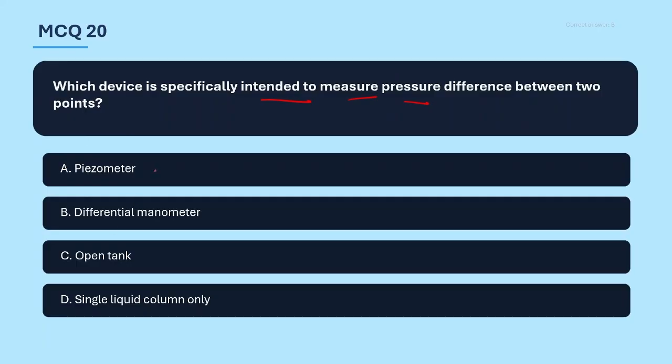The options are piezometer, differential manometer, open tank, or single column. You can get confused, but the question is asking which device is specifically intended to measure pressure difference between 2 points. We have already studied that 2 points means differential manometer.